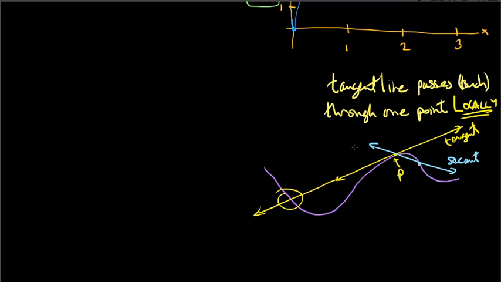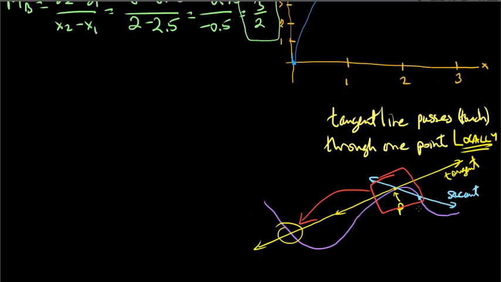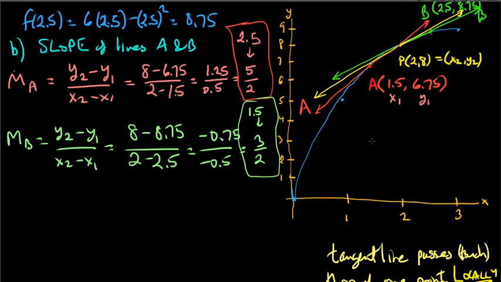It's still a tangent line at this point right here. The point is, it doesn't cross the graph nearby. If I look in a small neighborhood of that point, it only touches the graph once. You have to go much further away to find a point where the tangent line crosses the graph somewhere else. A secant line has to cross twice.